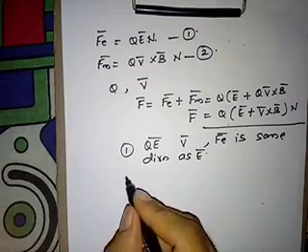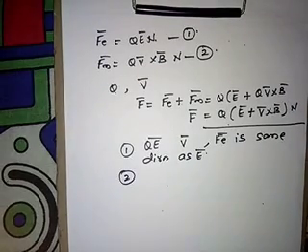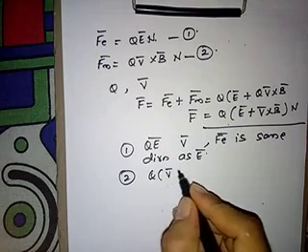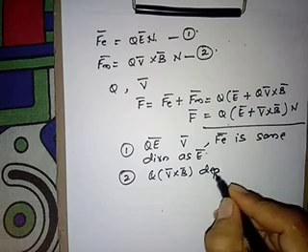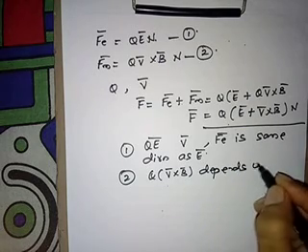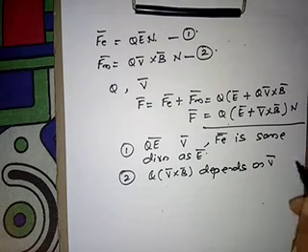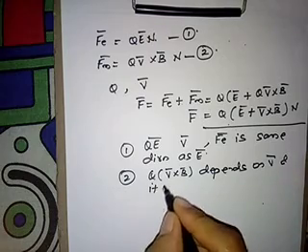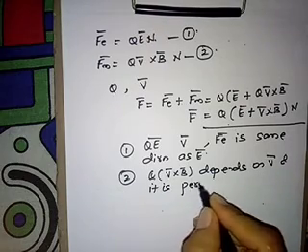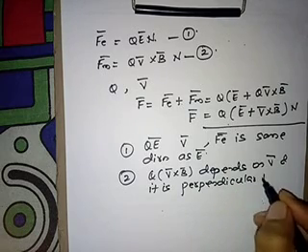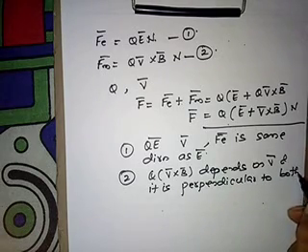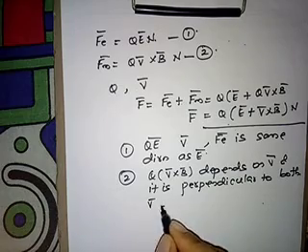Then the second point is that the second term, Q V bar into B bar, depends on V bar, and it is perpendicular to both. That is, the force Fm is perpendicular to both V bar and B bar.